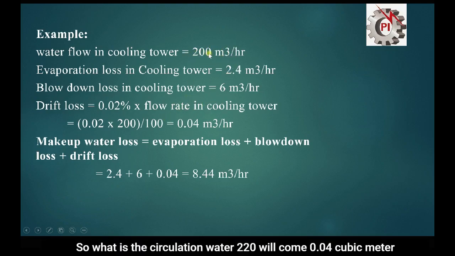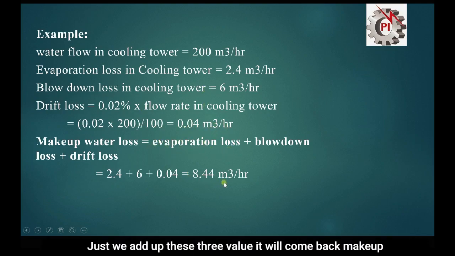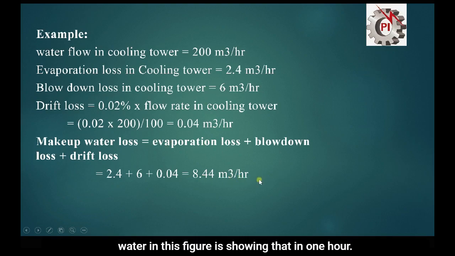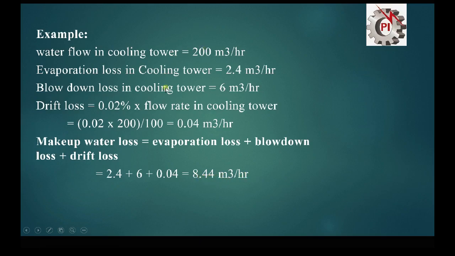The circulation water is 200, so it comes to 0.04 cubic meter per hour. How do we calculate the makeup water? We just add these three values. This figure shows that in 1 hour we have to fill the basin with 8.44 cubic meter if the losses are like this.